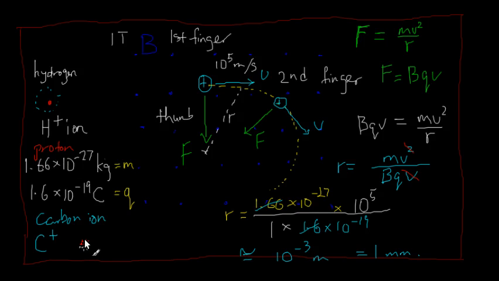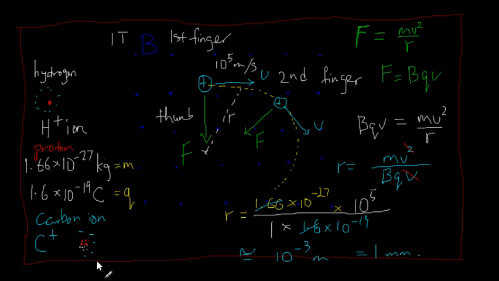The carbon atom has 6 electrons, but the carbon ion has lost 1 electron, so it has just 5 electrons going around the atom.